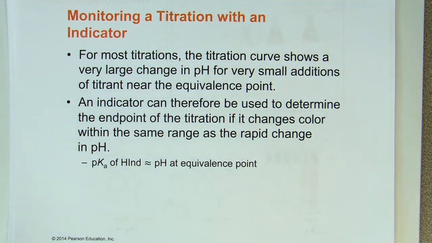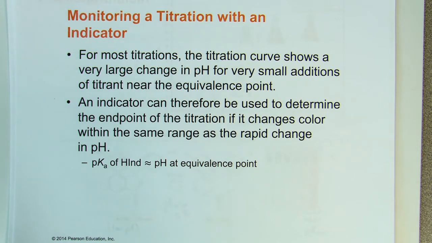Acids are clear and colorless, base solutions are clear and colorless. When you react them, the solution's clear and colorless. So if you didn't use an indicator, you'd have no idea when the reaction's complete. So we are going to use indicators for our advantage, because indicators provide a visual reference for what the pH of the solution is. And that's very useful in laboratory chemistry.